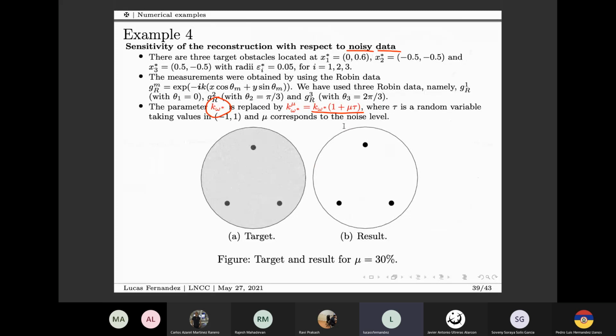Since we are going to reconstruct 3 obstacles of the same size, we conduct the numerical experiment by taking into account the same 3 Robin data used in the previous example.